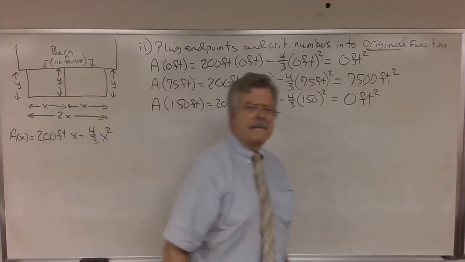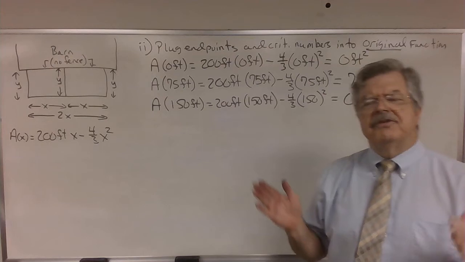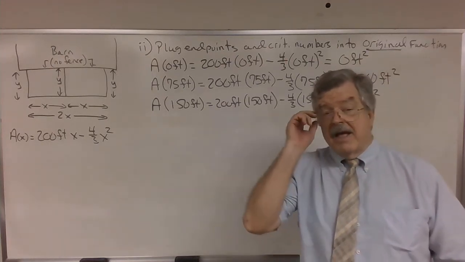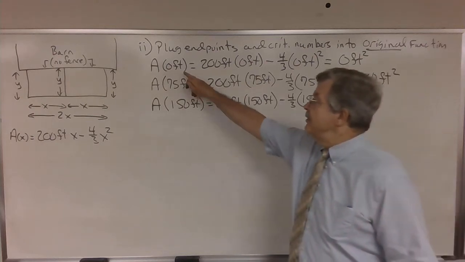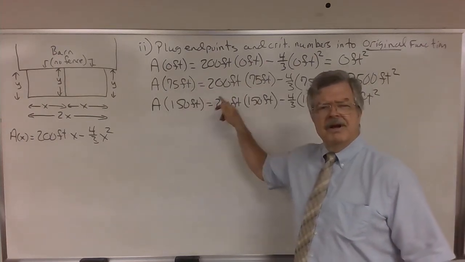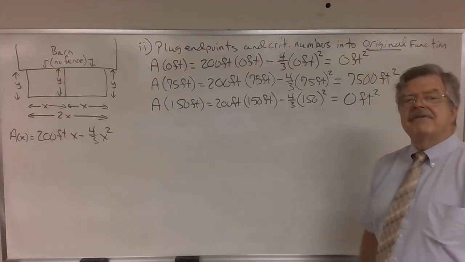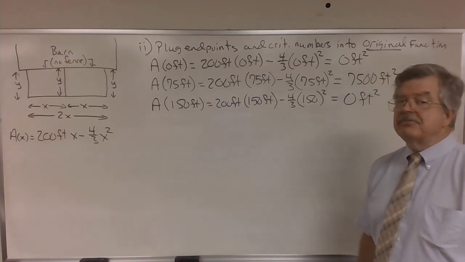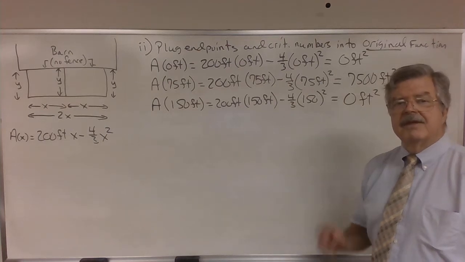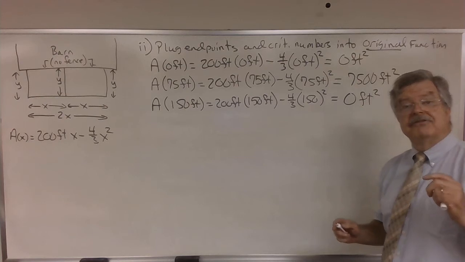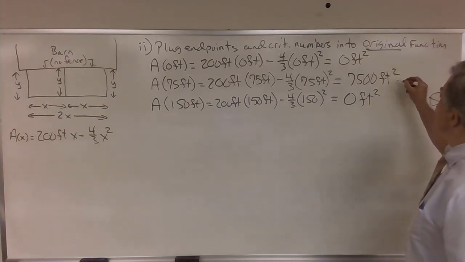What do I do now? I'm using the absolute maximum minimum value test. I've taken the endpoints and the critical numbers and plugged them into the original function, and I find the absolute max and absolute minimum values by inspection. I just look and see which number is the largest.